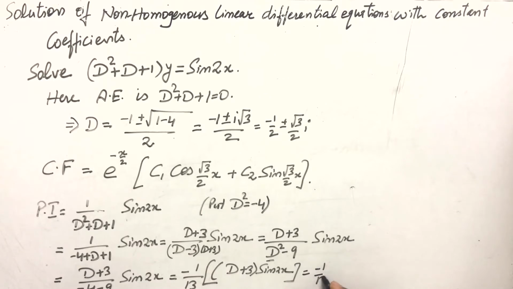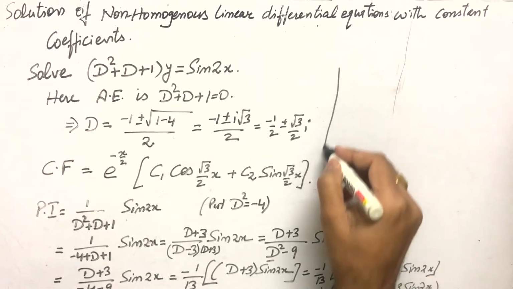So this becomes D of sine 2x plus 3 of sine 2x. And as we know, D is d by dx, so we simply have to take the derivative, which comes out to be minus 1 by 13 times (2 cos 2x plus 3 sine 2x). So this is the particular integral here.